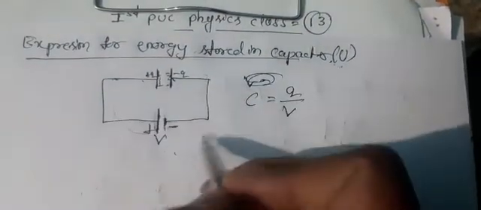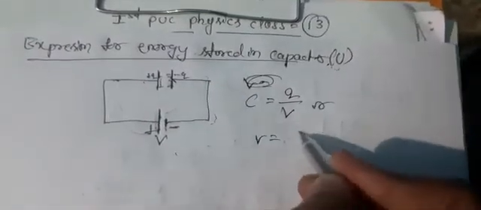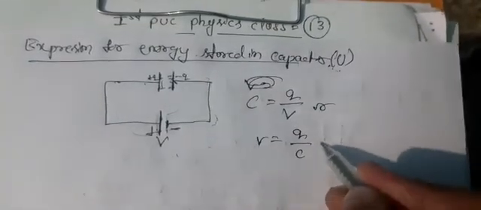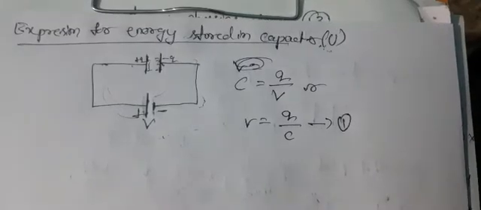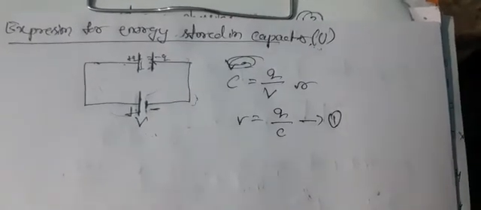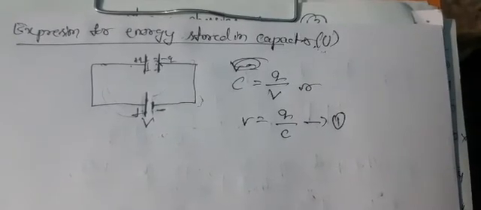So the potential difference of this capacitor is V equals Q by C. That is called equation number 1.